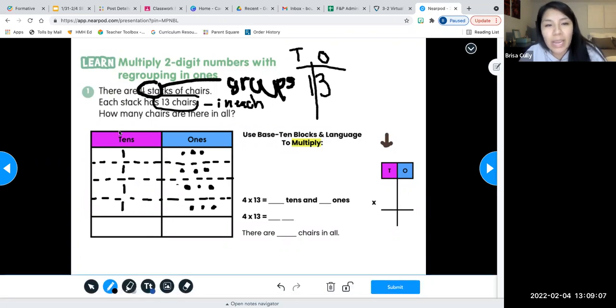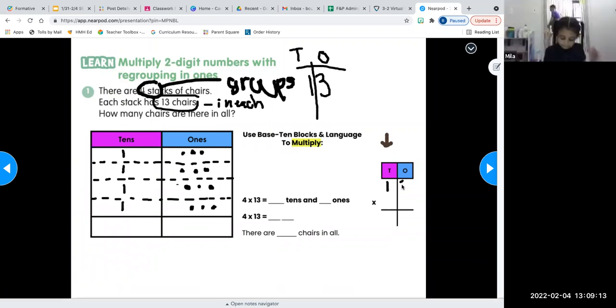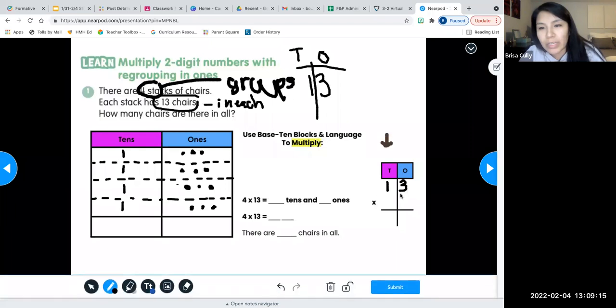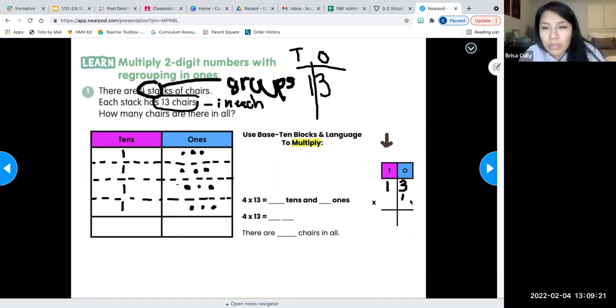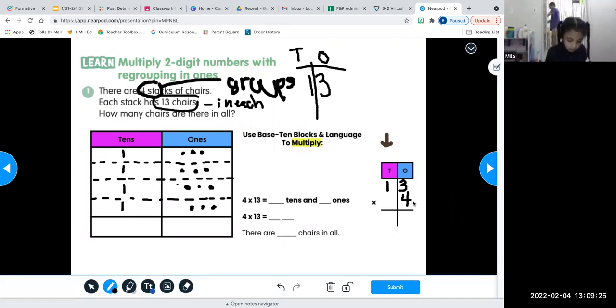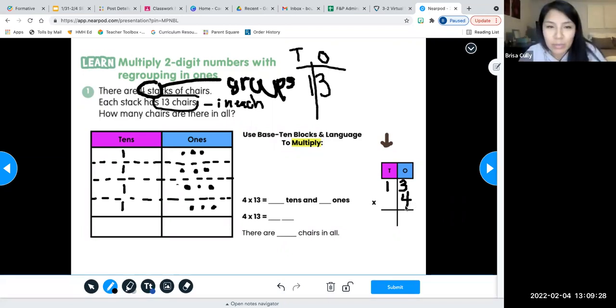So now what I have in my place value or base 10 pictures, I also want to write in the vertical form. The number in each group goes on top. And then the number of groups goes in the 1's place on the bottom. Because we only have 4 groups, we stay in the 1's place.